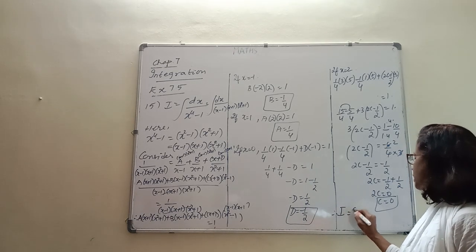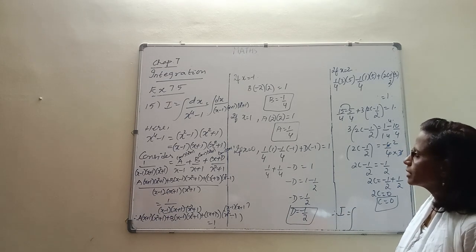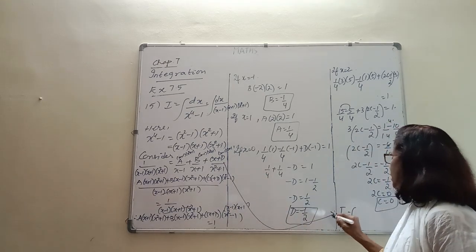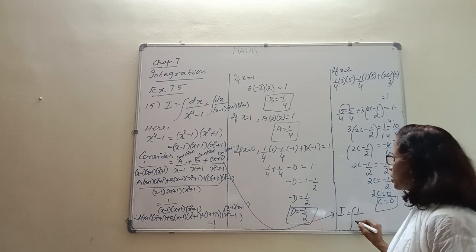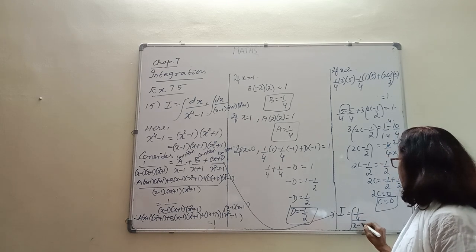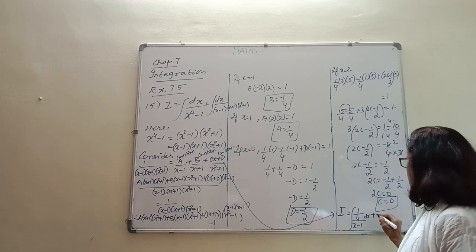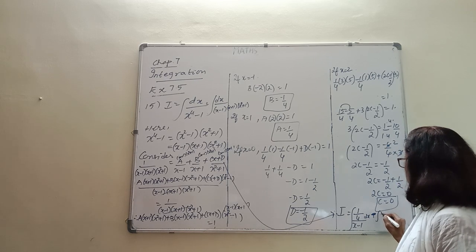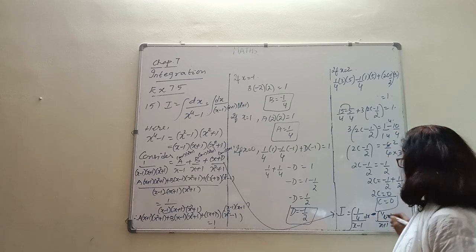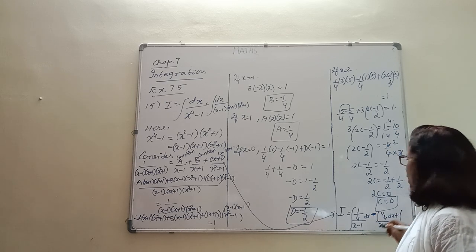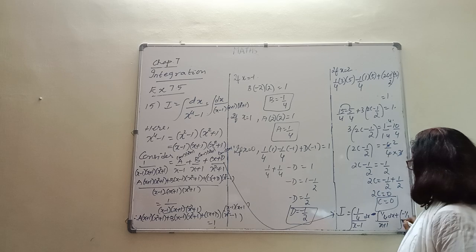I therefore becomes integral of, first part, let's get it from here, it's a, which is 1 over 4 times 1 over x minus 1 dx, plus b, which is negative 1 over 4 over x plus 1 dx. Then cx plus d, c is not there, so only d we have to take care of, that is negative half over x squared plus 1 dx.